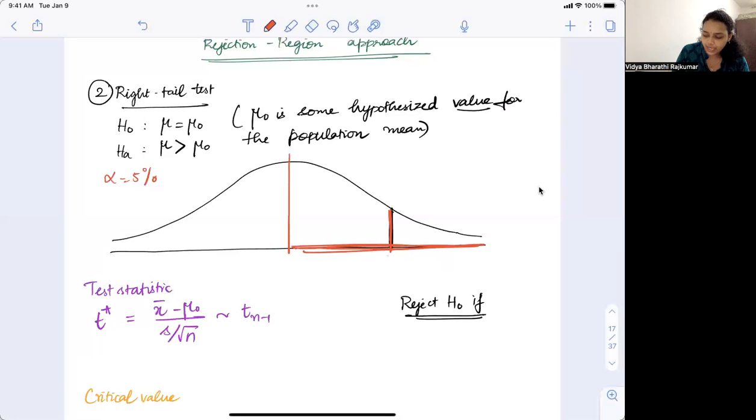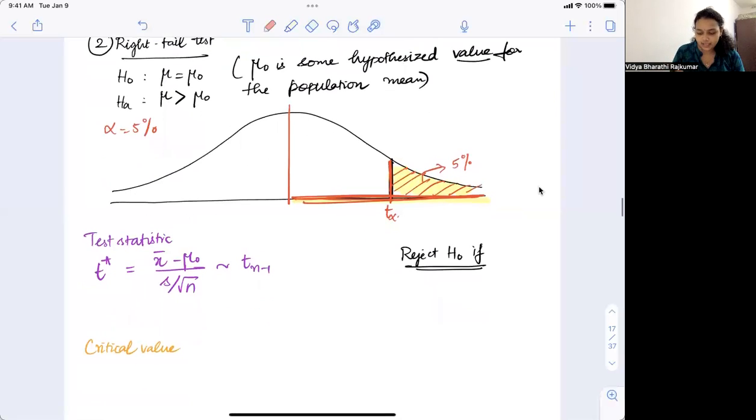Here, I'll choose my critical value as T alpha, such that the area to the right of this is 5% or alpha percent. Because I'm only interested in one part of the tail, because my alternative hypothesis is designed that way. And I'll define my T statistic in the same way.